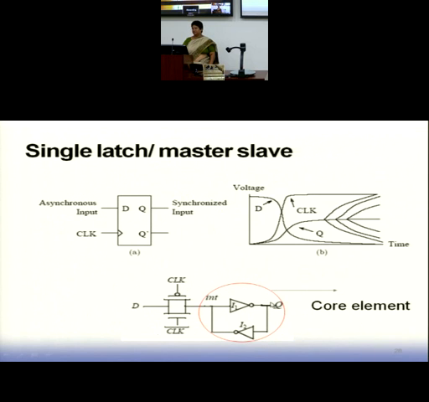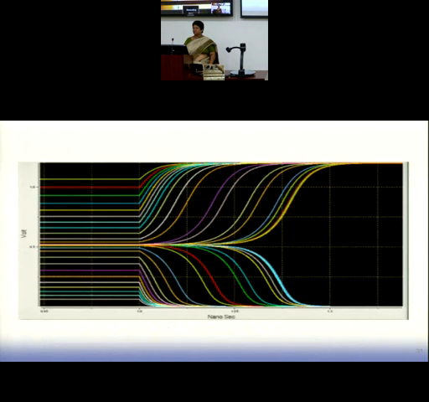How is this Q behaving with respect to time? The behavior of Q with respect to time is shown in this simulation plot. Can you see, it depends on what your initial V1 at T equal to 0 is. Are you closer to VIH? Are you closer to VIL? Or are you in between the two, in the range VIL to VIH? Can you see that this one is taking the longest time?